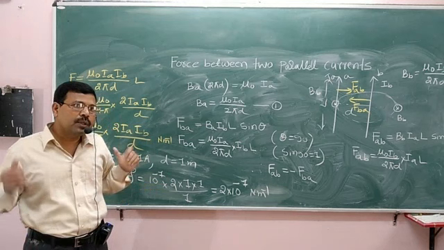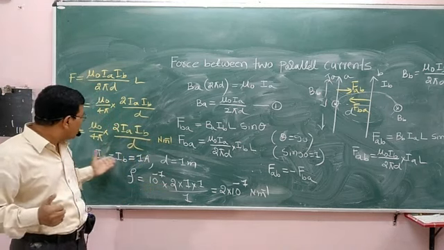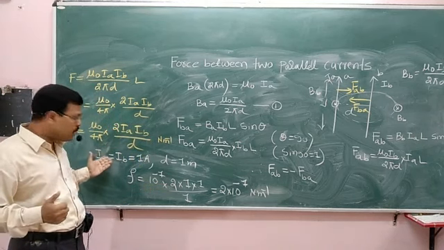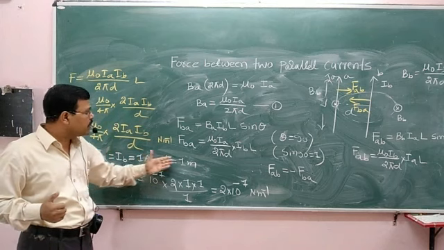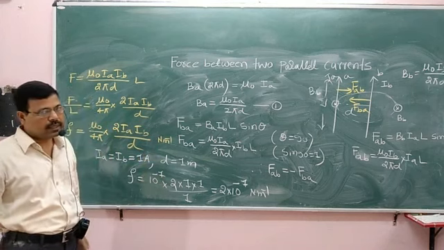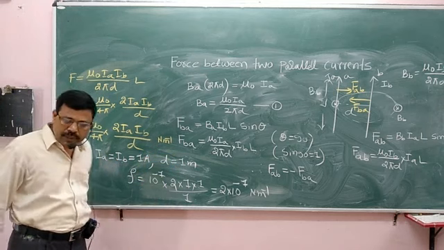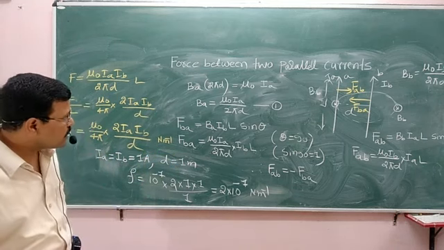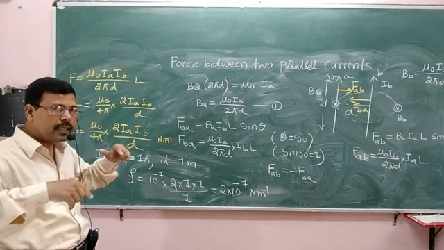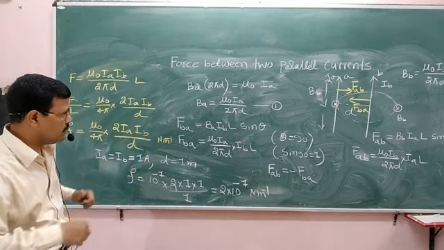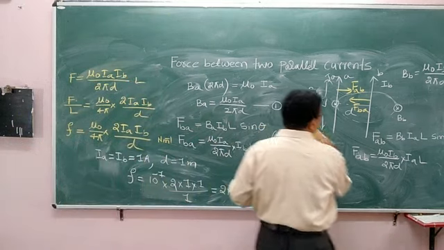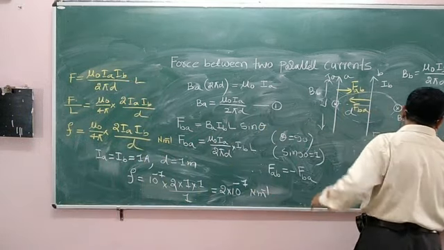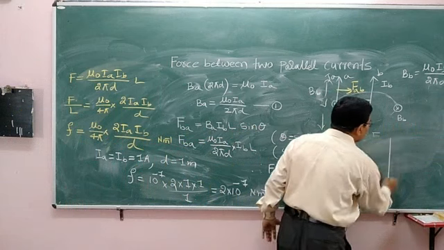Fine. So, Ia is equal to Ib is equal to 1 ampere and D is equal to 1 meter. Then, suppose these two conductors are carrying current in the opposite direction. Let us take it like this.